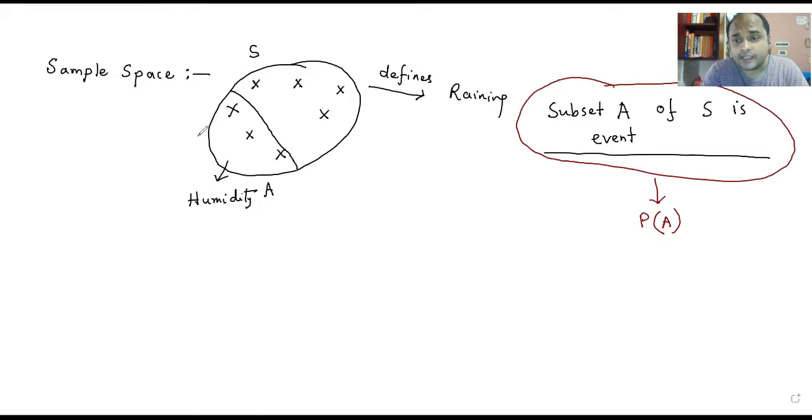We are interested in finding the probability of this event, which we denote by probability of capital A. From now onwards, we are going to call this subset an event.